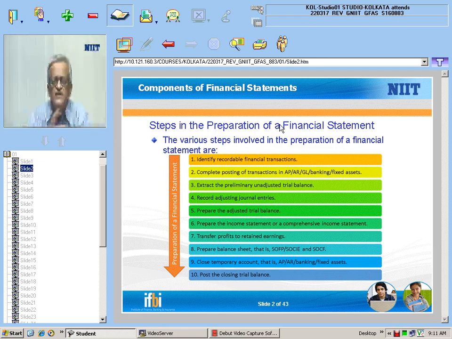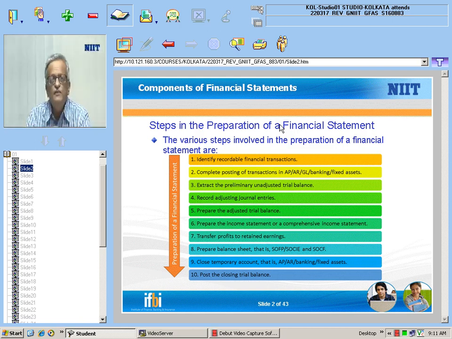These are important because they are essential as far as the accounting standards are concerned. Unless we do these adjusting journal entries, we will not be following the accounting standards. So in order to follow the accounting standards, it is essential that these adjusting journal entries are taken into account.